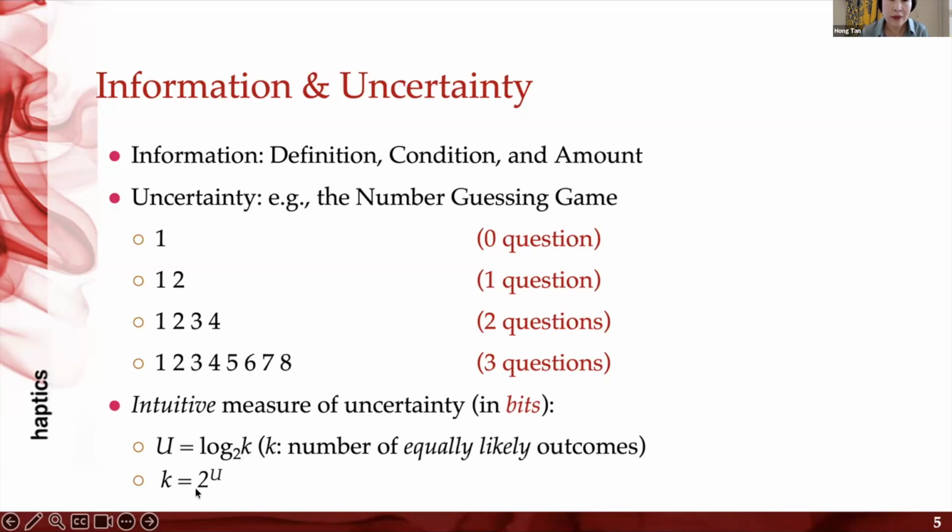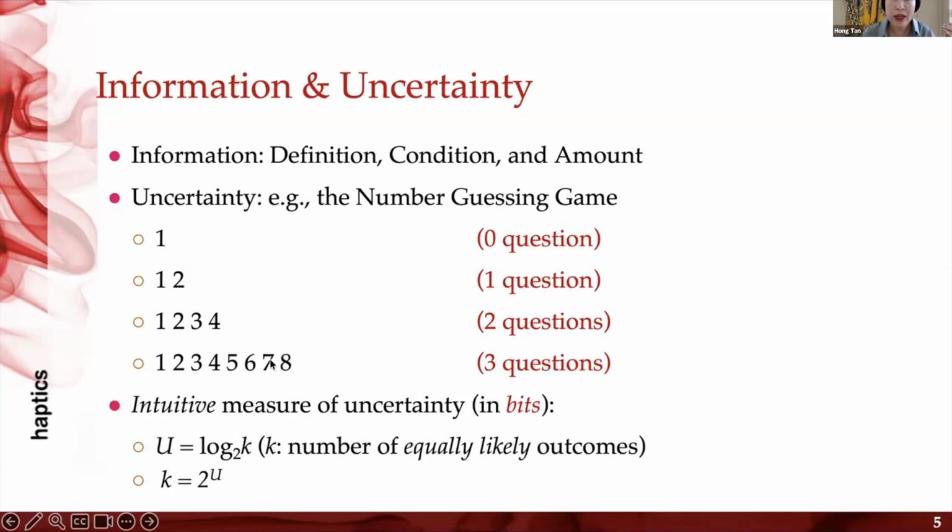And inversely, if I tell you there's a particular value of uncertainty, you can calculate the number of possible outcomes by raising 2 to the power of the uncertainty. So I hope this at least fixes some ideas that every time you increase information by 1 bit or you reduce uncertainty by 1 bit, the number of outcomes will double.